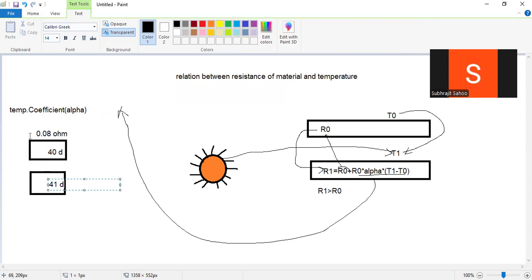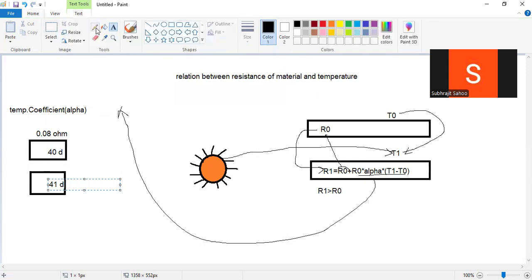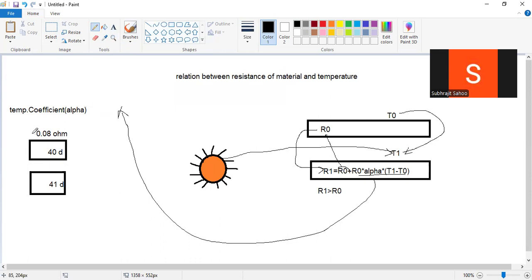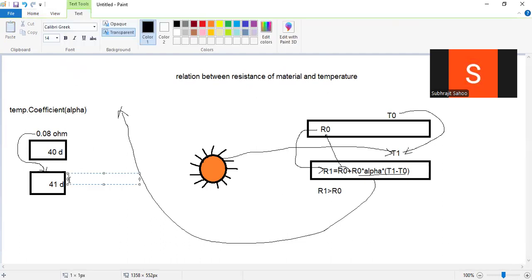Then what will happen? Definitely, for this 1 degree rise, the resistance value also changes. Let the resistance change to 0.084. Earlier it was 0.08. Now, due to this 1 degree, the resistance changes to 0.084.